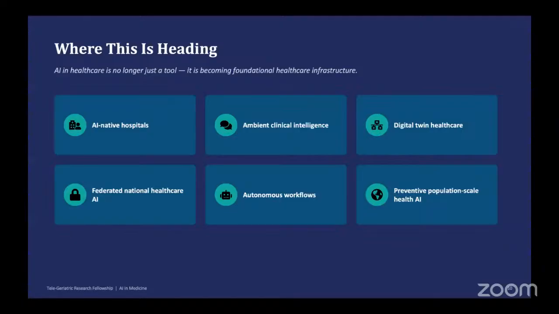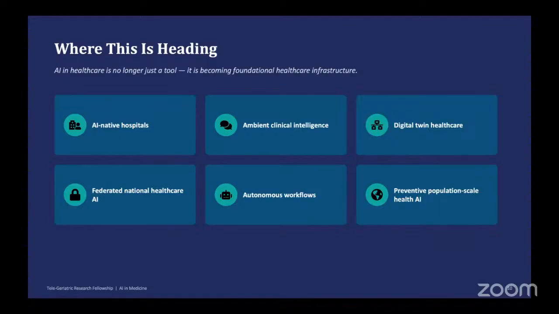So where is this heading? Zooming out from geriatrics specifically, here is where the broader field is heading over roughly the next 5 to 10 years. We are moving toward AI-native hospitals built around these tools from the ground up rather than bolted onto legacy systems.